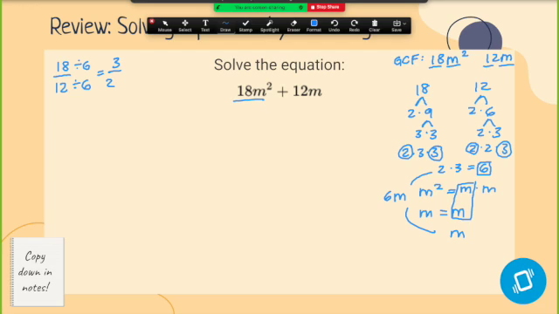So over here, factoring out 6m from both numbers, we get, let's see, this divided by 6 would give us 3 over 1, and then we still have the m to the power 2 over m. And then over here, I could divide 6 into both numbers. I would get 2m over 1m.